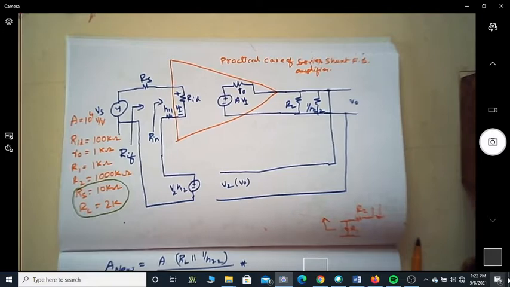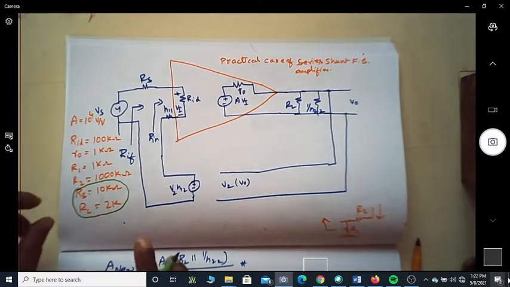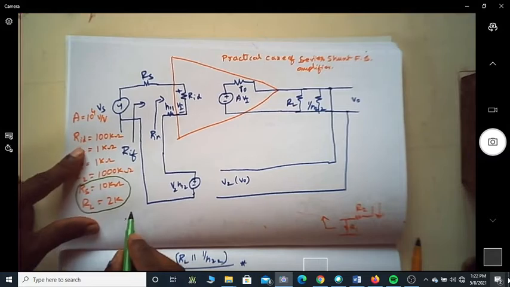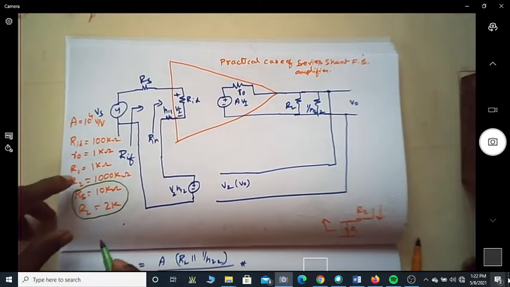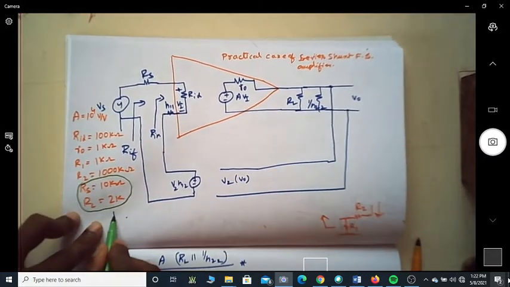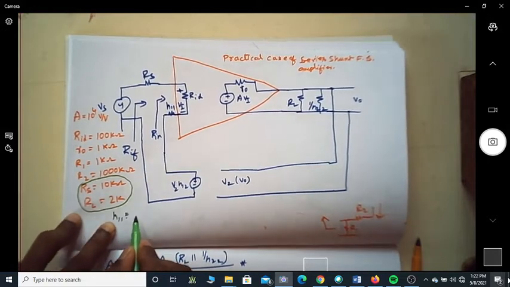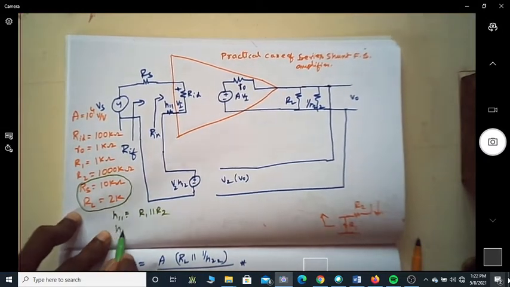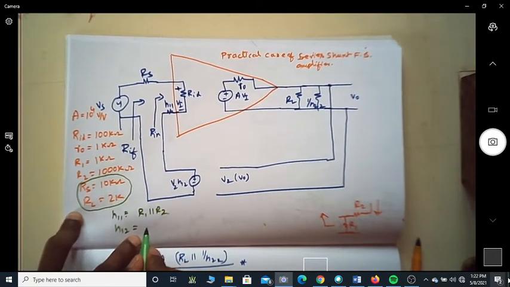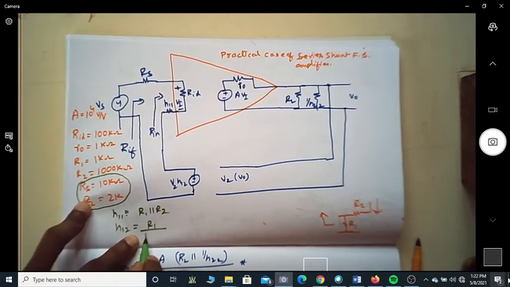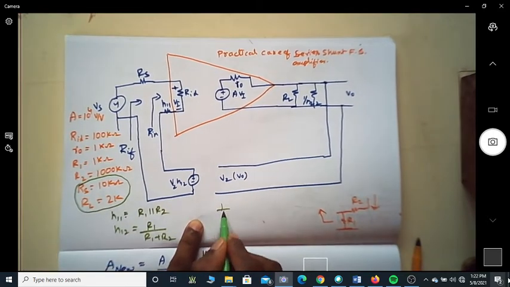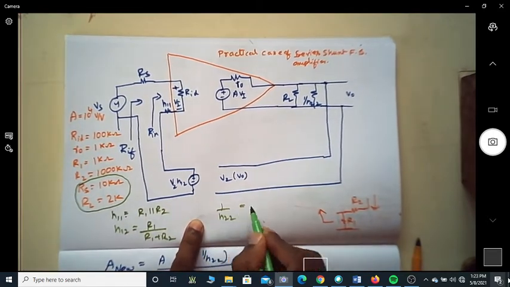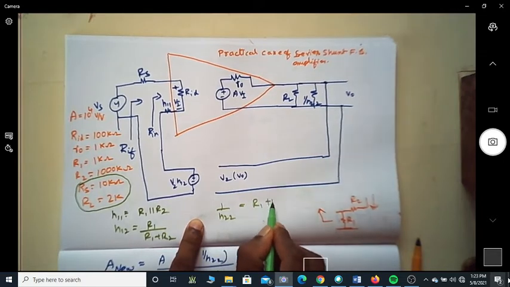In the previous video, we got the expressions for H11, H12, and H22. We know that H11 was given by R1 parallel R2, H12 was given as R1 by R1 plus R2, and 1 over H22 was given by R1 plus R2.